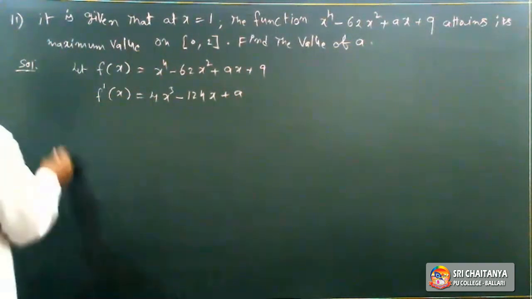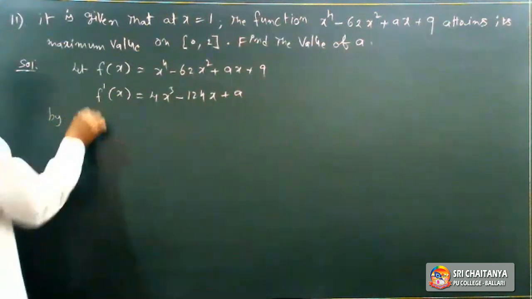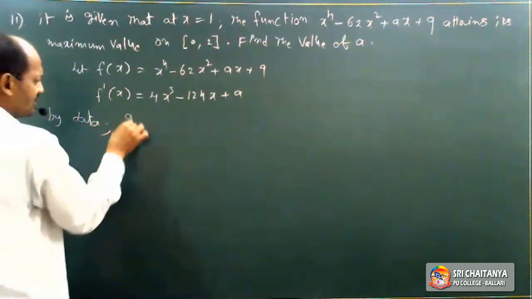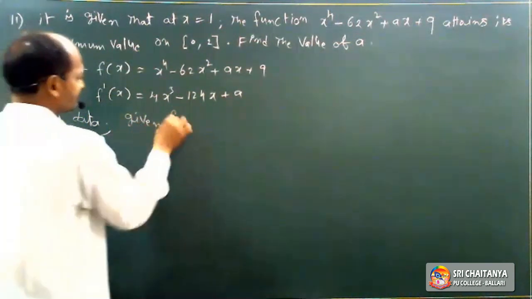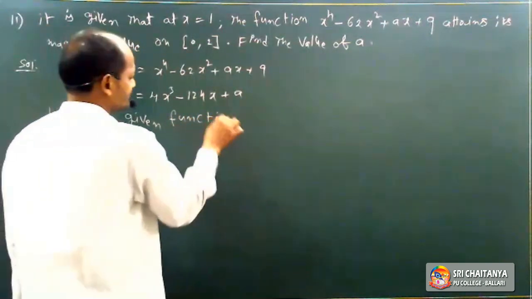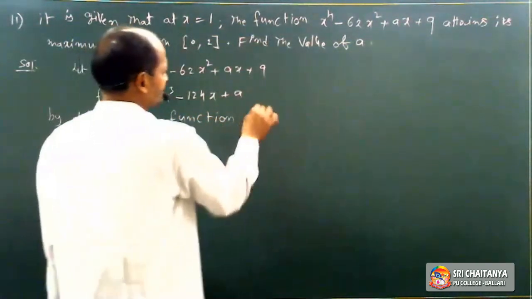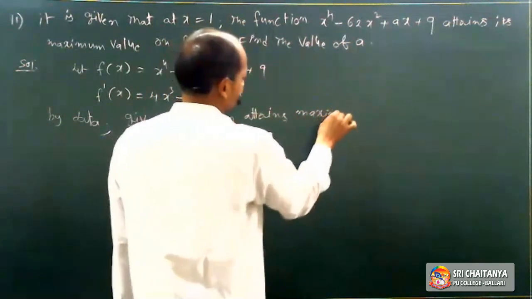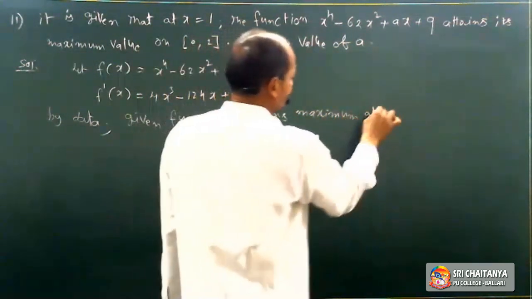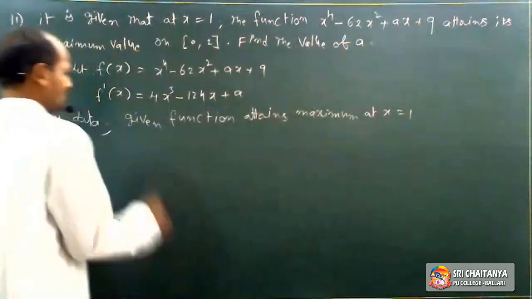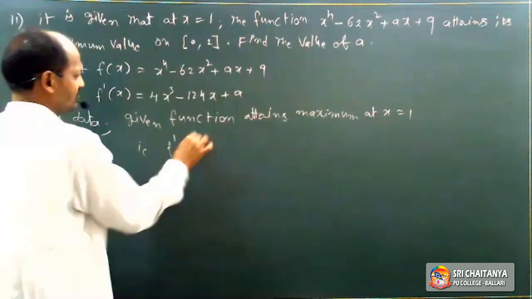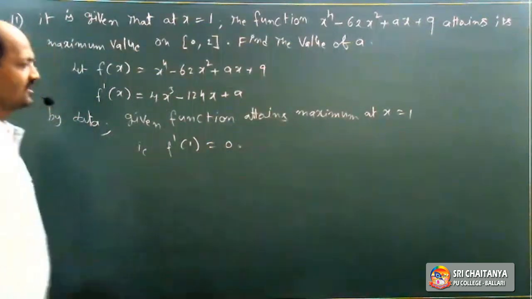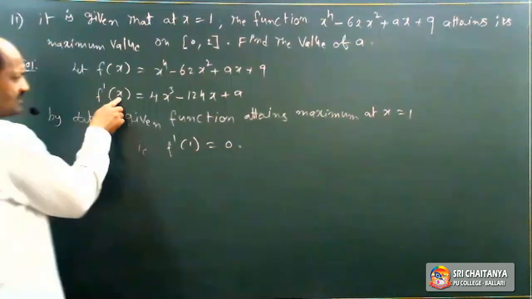By data, the given function attains maximum at x is equal to 1. That is clearly f dash of 1 is equal to 0. So what about f dash of x?